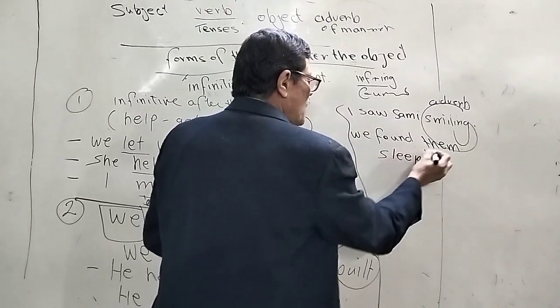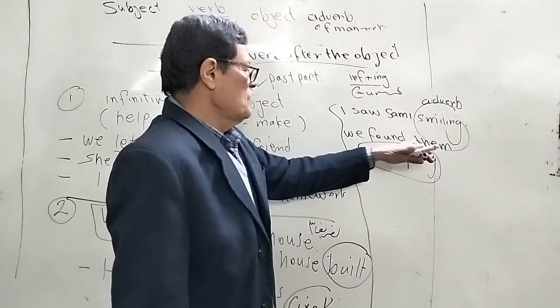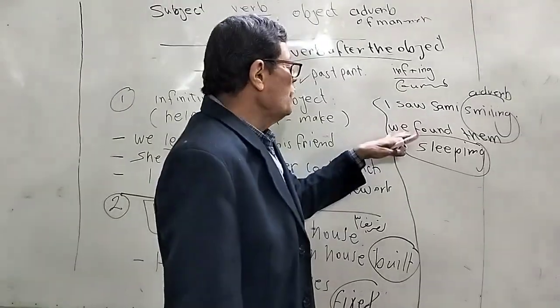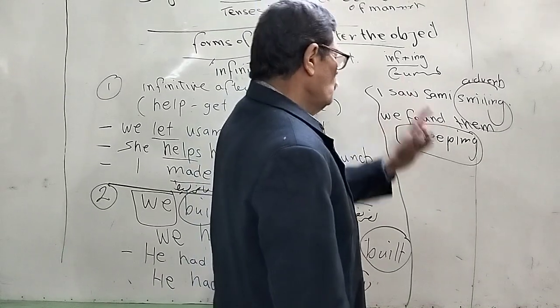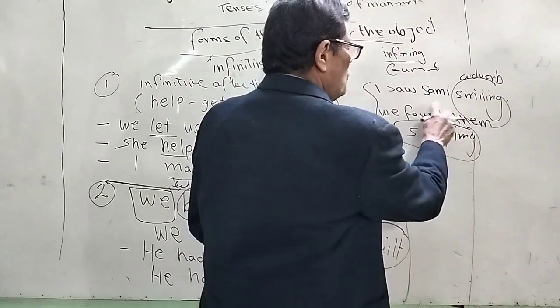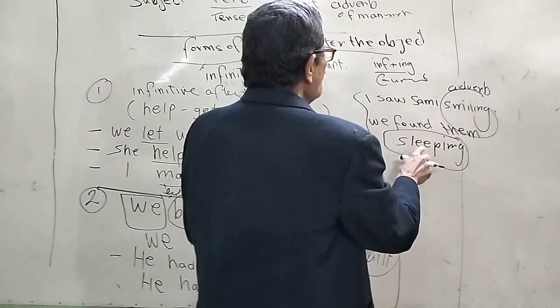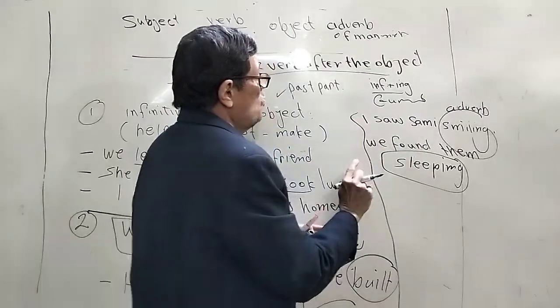How were they when you found them? They were sleeping. We found them sleeping. Okay. So this is the third form for the verb after the object.